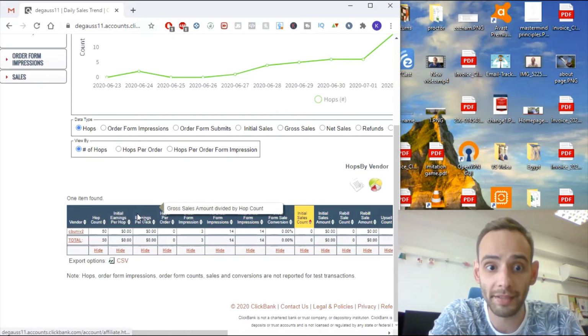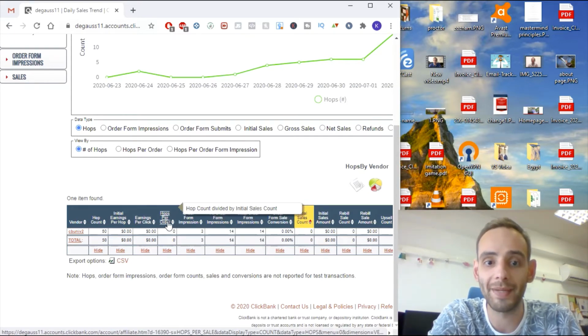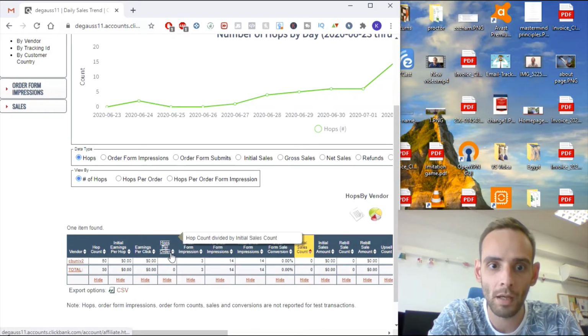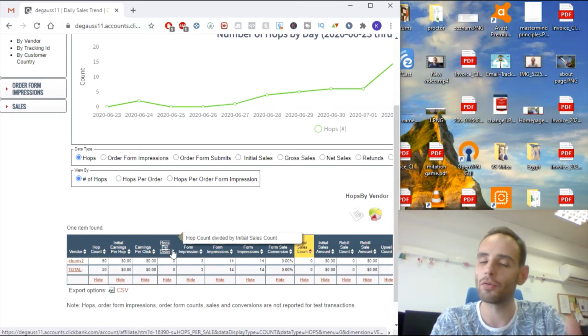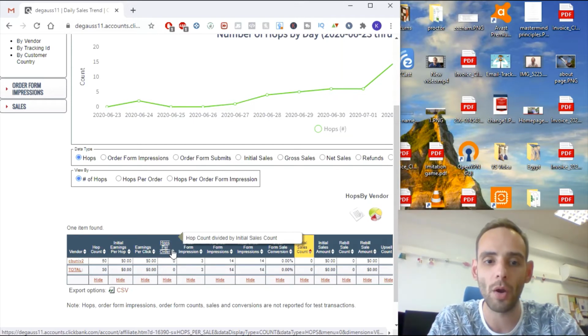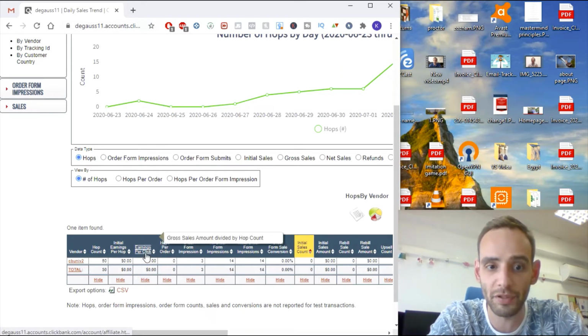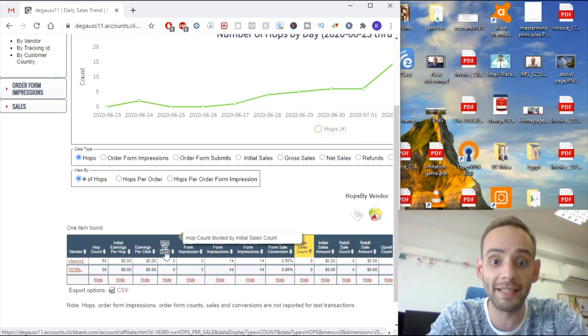Again, earnings per click is gross sales amount divided by hop count. Now, hops per order is hop count divided by initial sales count. These are different ways to show the same thing: here you have earnings per click, gross sales amount divided by hop count, and here you have hop count divided by initial sales count.